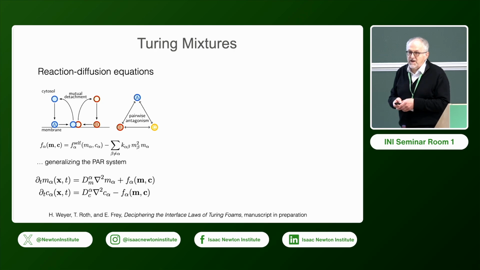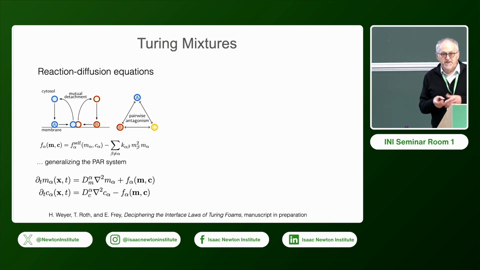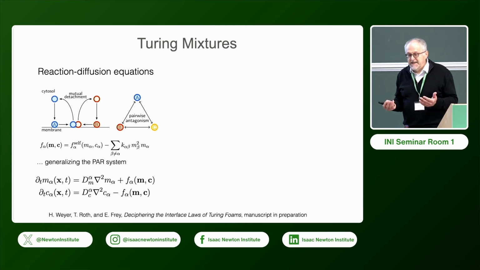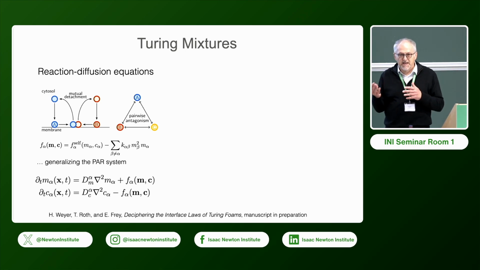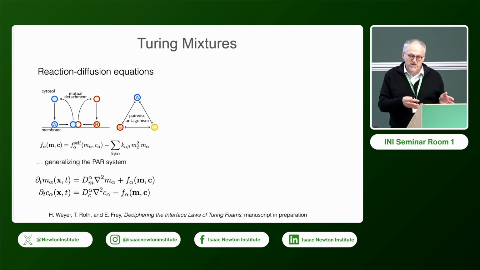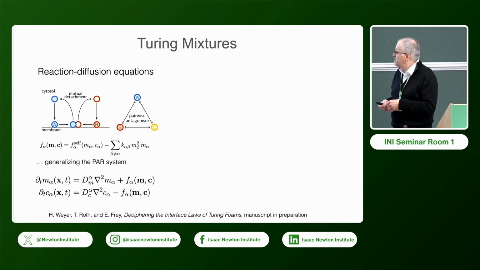And let's first look at a generalization of this PAR system. It's basically a generalization from a binary system to a multi-component system, in the same way as you would generalize a binary mixture to a multi-component mixture.